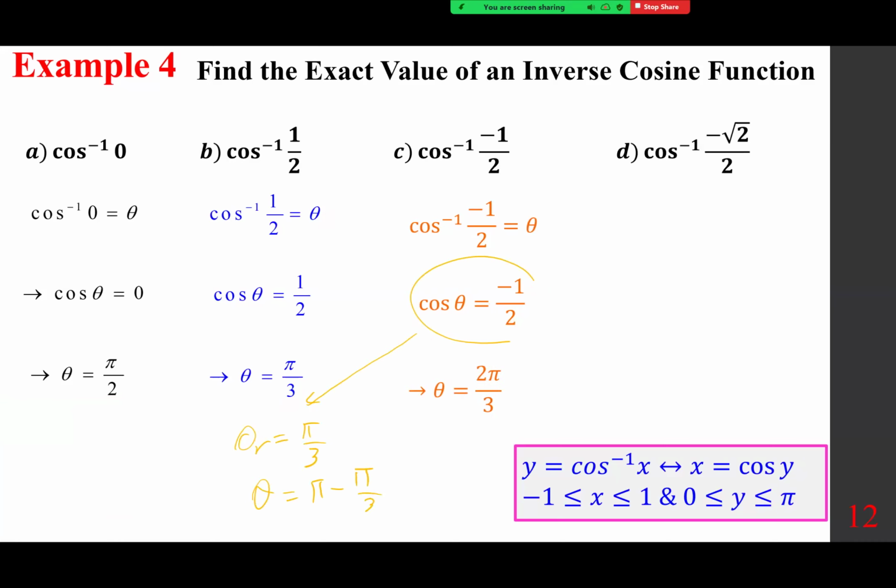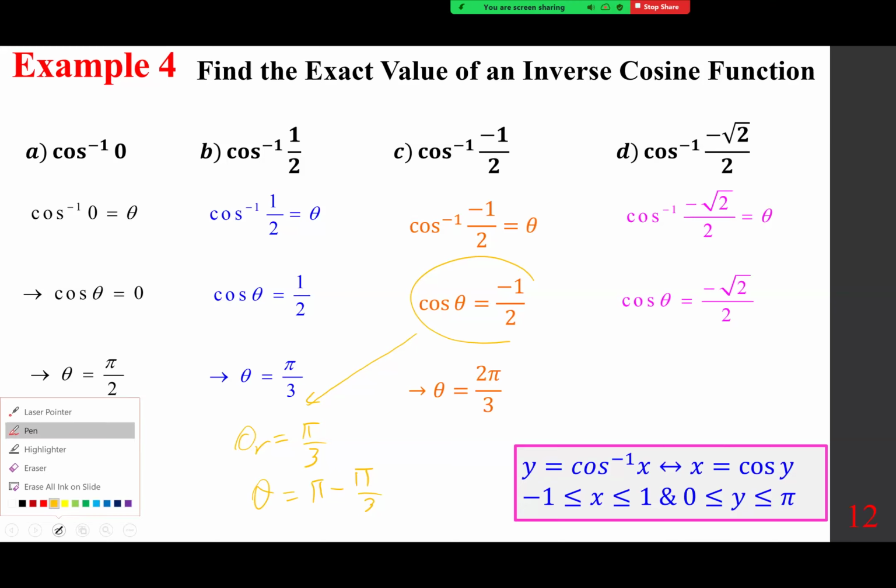This is showing you how to find that. The last one, we said equal to theta. Again, cosine theta is negative square root of 2 over 2. I want to make sure we can find this easily. So let's say cosine theta is square root of 2 over 2. That means theta is pi over 4.